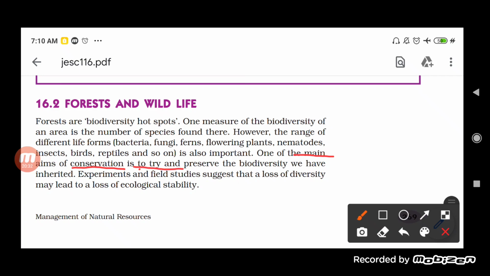There are experiments and field studies which suggest why there is a need for management of forest and wildlife, because the loss of biodiversity will lead to a loss of ecological stability. So it is important for us to save and protect our forest and wildlife.